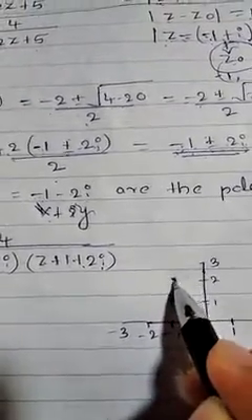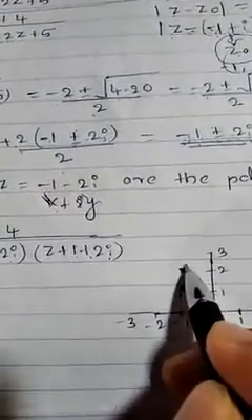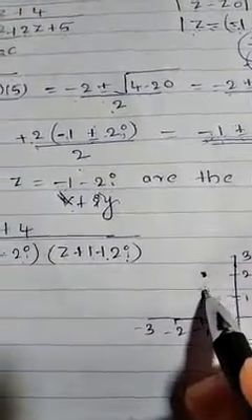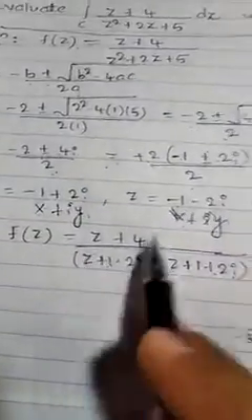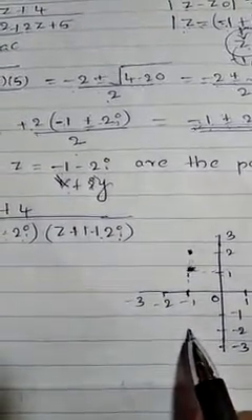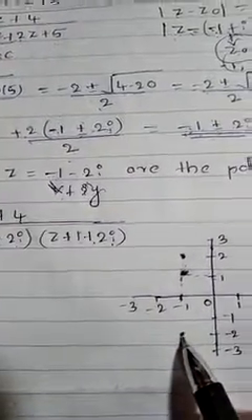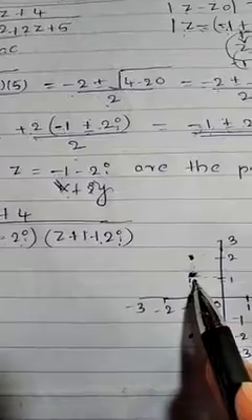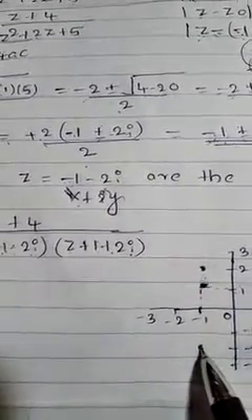This is the circle, therefore this comes inside the circle. Then the second pole, minus 1 minus 2. Minus 1 is there, minus 1 minus 2. This is the center of the circle and this is far from the center of the circle. Therefore this point lies outside C.